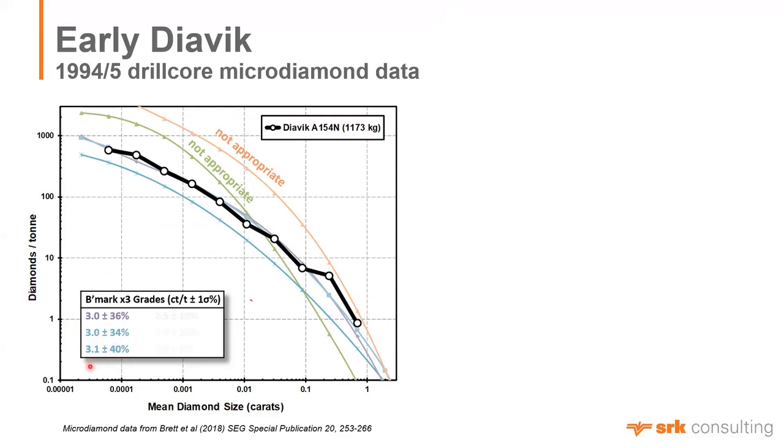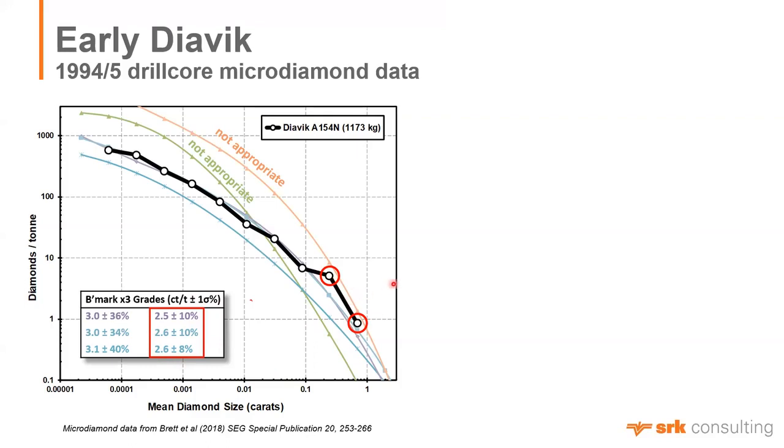If you take the same data and you eliminate these 2 slightly aberrant data points, you get a much lower 1 sigma error, 10% or 8%, and a slightly lower grade. That's fairly obvious.